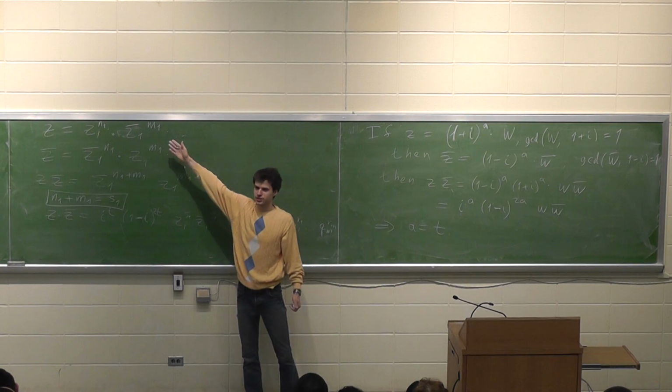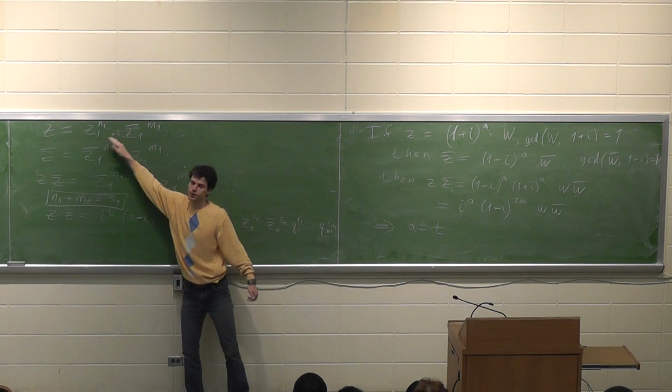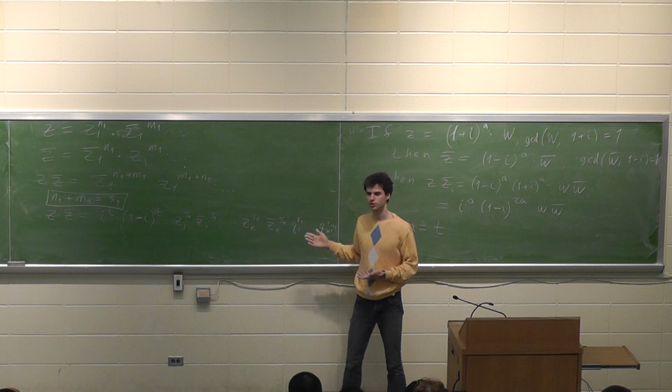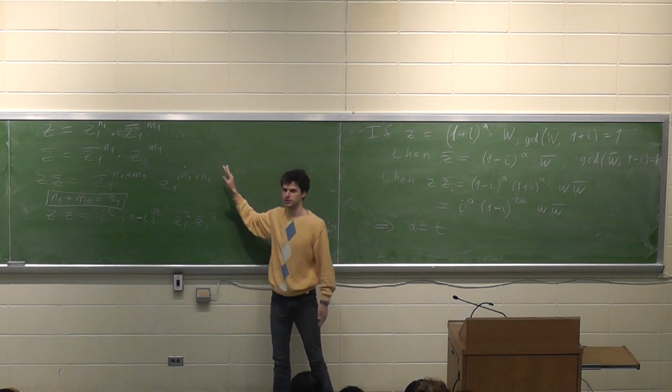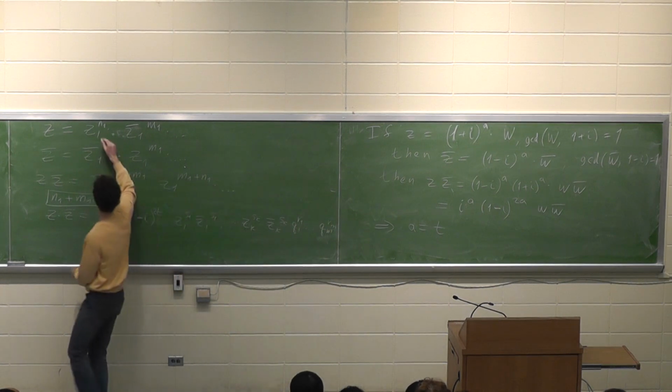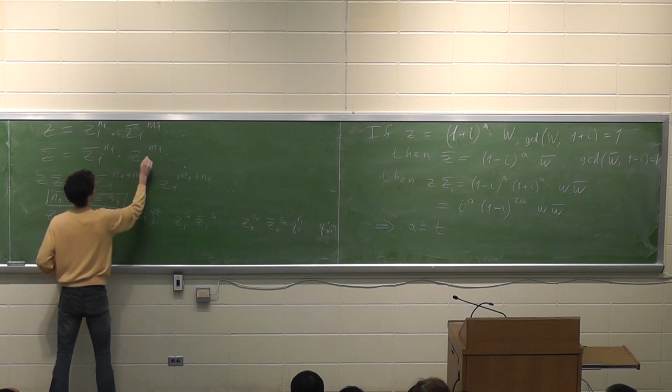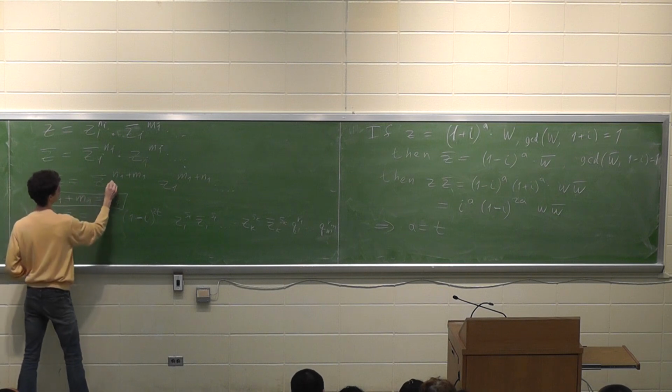Of course, it didn't matter that this is z1 and not z2, z3 or any of those. So the same story holds for each one of these, and I can change the index 1 here to index i.